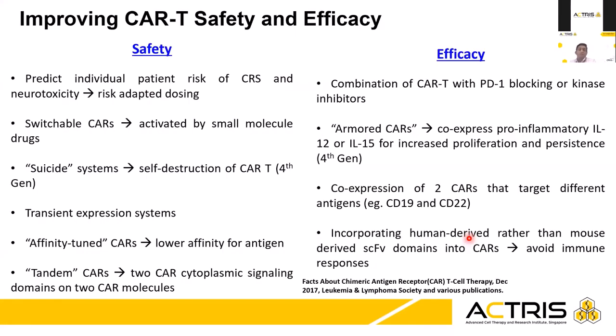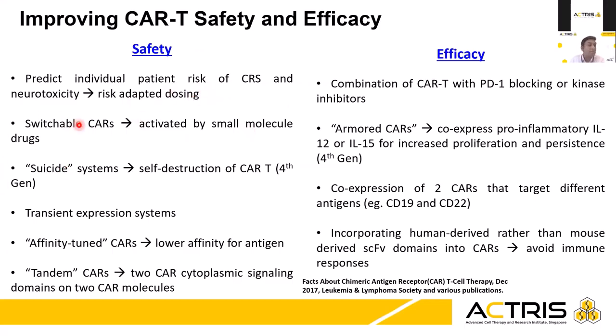Right. So, given some of these challenges, what are the ongoing efforts in this entire field to improve the safety and efficacy of CAR T cells? Of course, one of the key parameters for safety is to predict individual patient risk for the complications that arise, for example, cytokine release syndrome and neurotoxicity. That's something that we need to address.